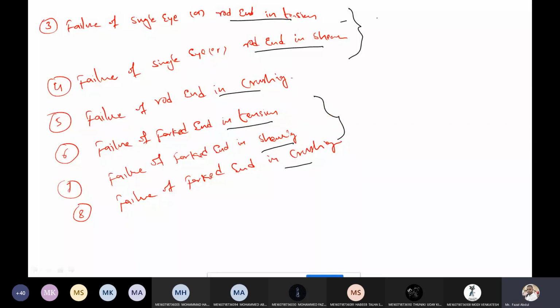The failure area is common, meaning d2 minus d1 into t here, and also d2 minus d1 into t1 here. For the crushing, this one is d1 into t, and for this one d1 into t1. The failure areas are common. So with this, the design of joints topic is over.